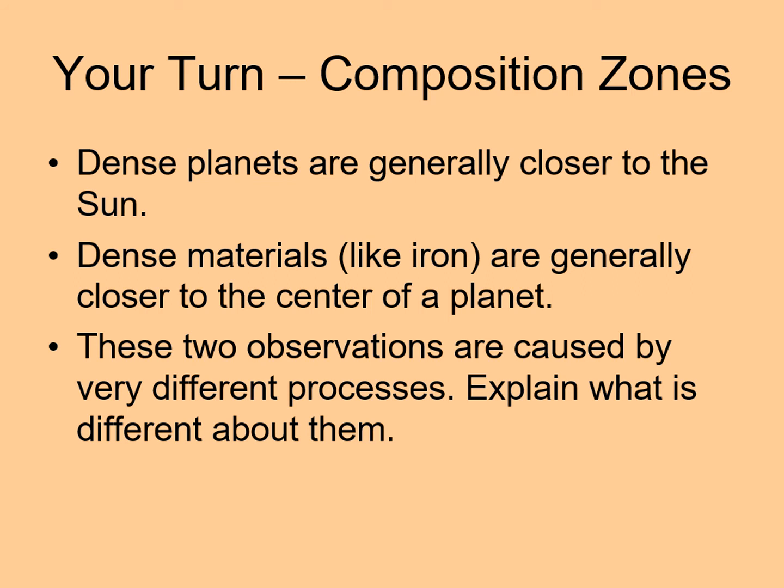In the last two chapters, we've looked at two different ways that different materials can separate out by density. In the last chapter, we saw how the dense, rocky planets form closer to the Sun than the less dense, giant planets. In this chapter, we've now seen why inside a planet, dense material forms the core, while less dense material surrounds it.